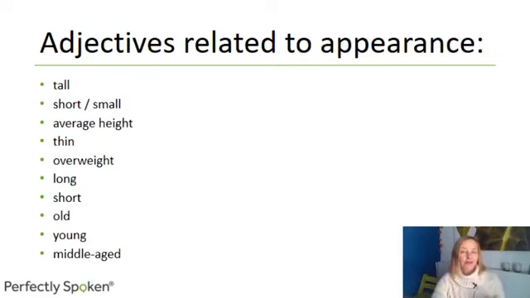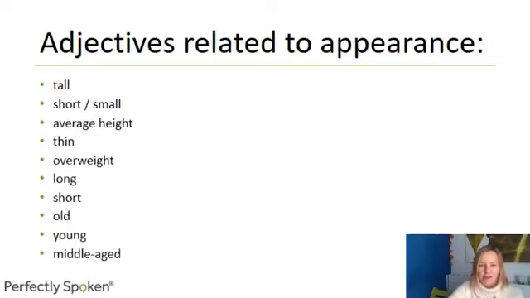Now let's look at some vocabulary, some adjectives related to character, related to personality. Because when we talk about people, we often talk about their appearance and their character or their personality. Okay, so let's have a look at some of these adjectives related to personality.